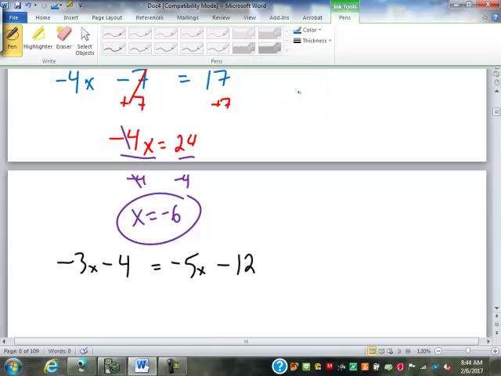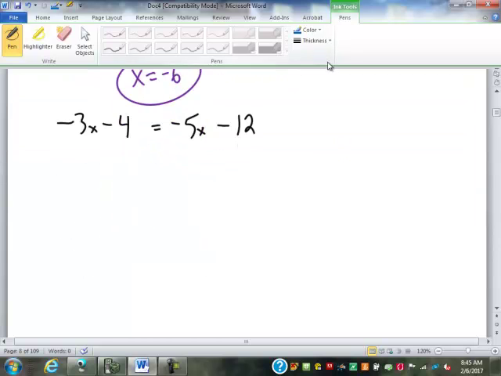Looking at this one, the variable appears twice again, but it's on opposite sides of the equal sign, so we cannot just combine them. What do we have to do? Get rid of the smaller one, which is going to be the negative 5. How do we get rid of negative 5x? Add 5x. It's gone.